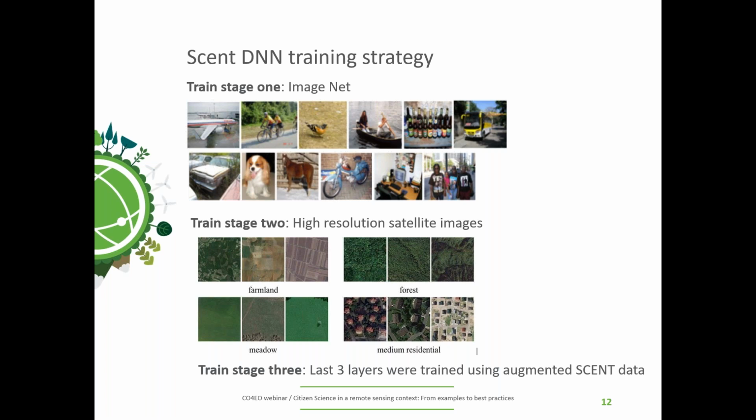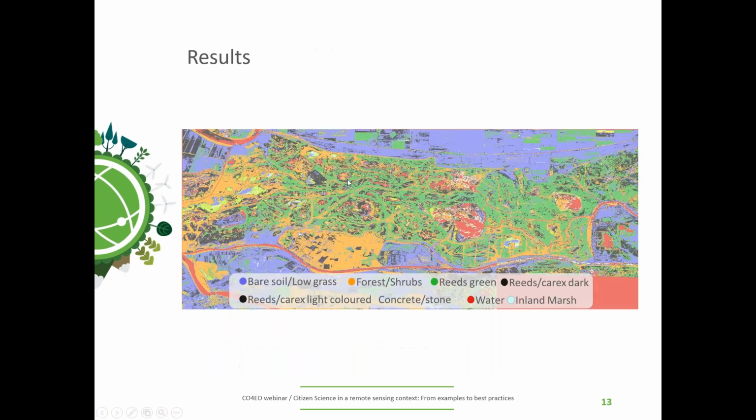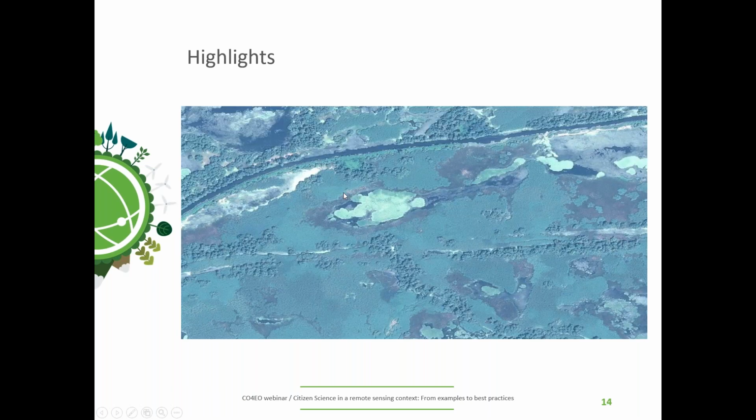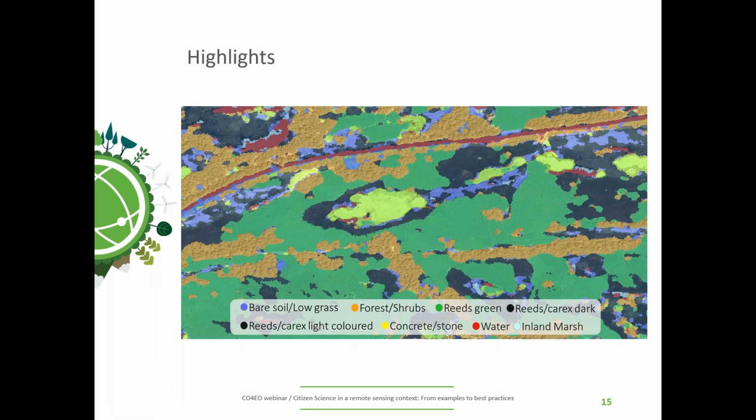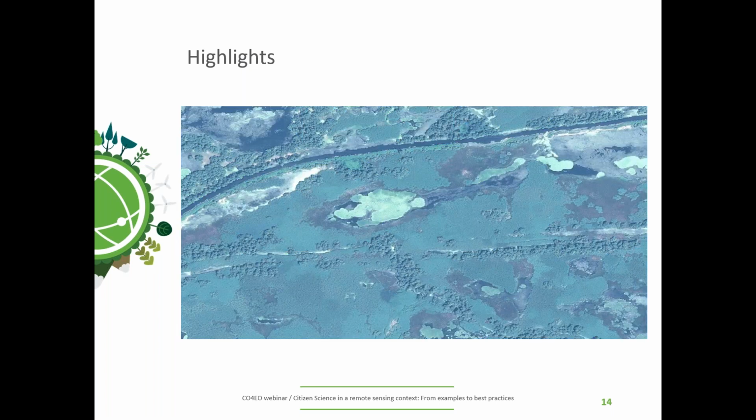Here you can also see some of the results. This is an example of the land cover map produced in the context of Danube Delta. I have also included some highlights, just to see visually what was achieved, the detail in this process.